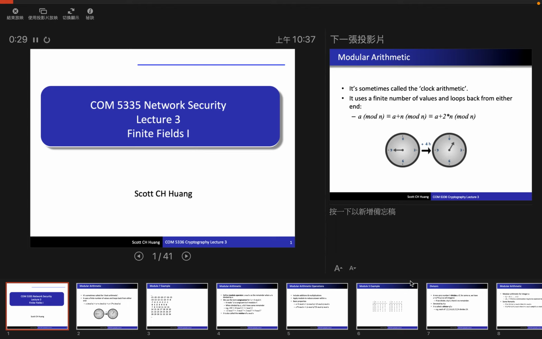But I'm also teaching another course called mathematical methods. In that course, towards the end of the semester, I'll cover more on finite fields in a deeper, more theoretical way. So this is finite fields.